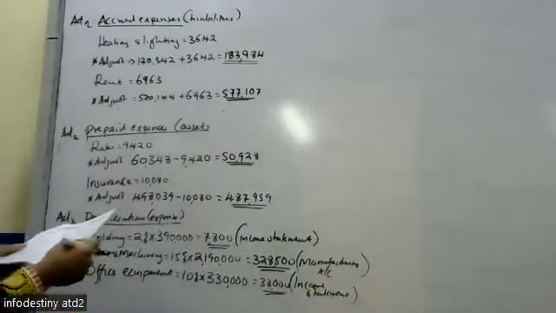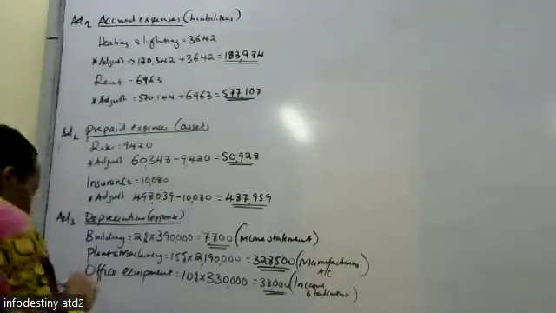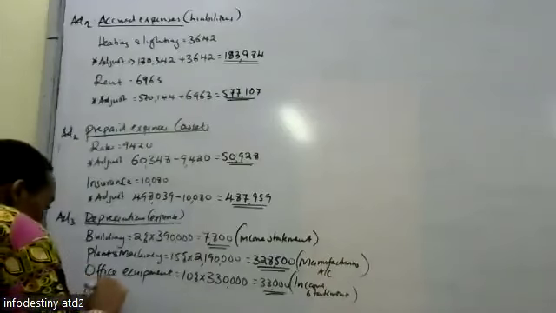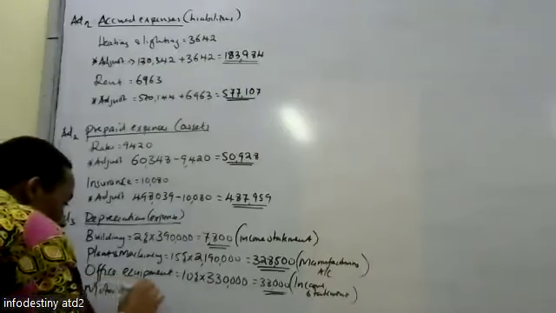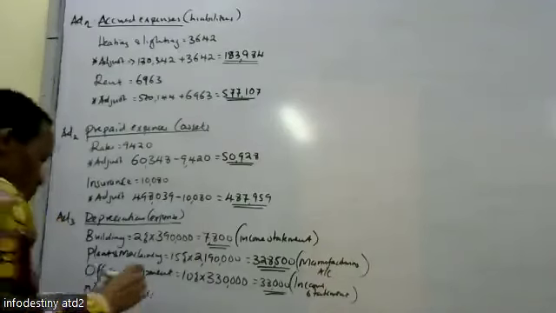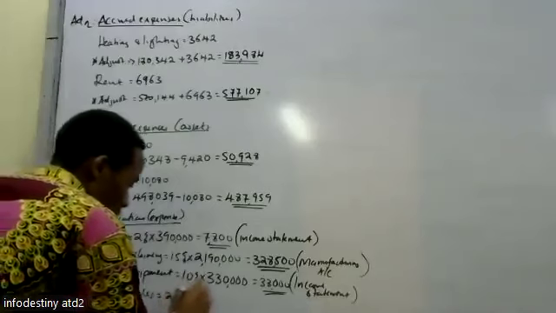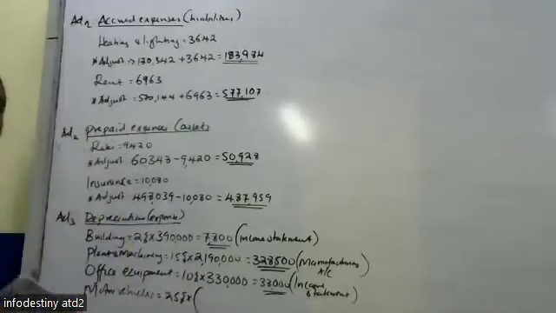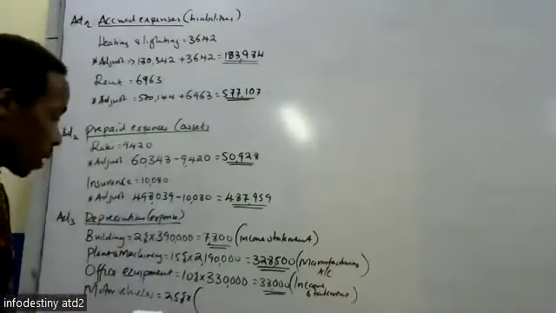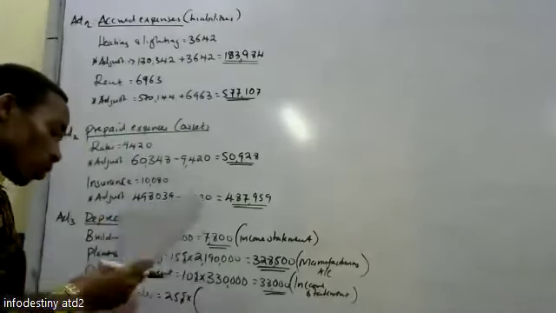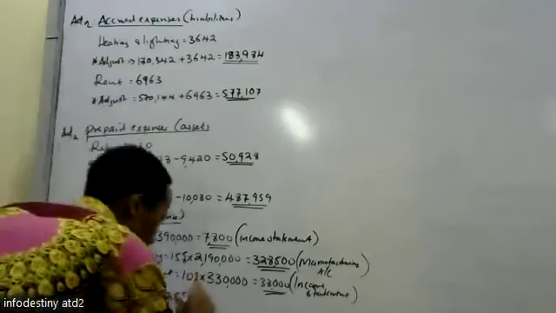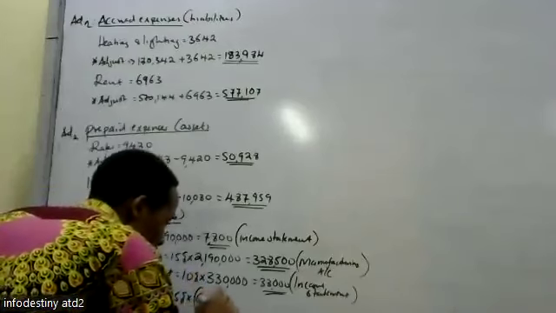Then we have the last one, which is motor vehicles. We are told it is 25% on reducing balance. For the reducing balance, we say rate times cost minus the accumulated depreciation. So the cost for motor vehicles is 600,000.